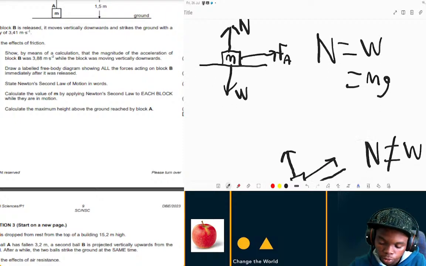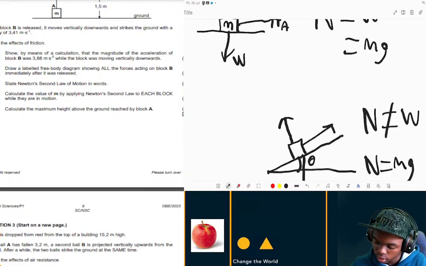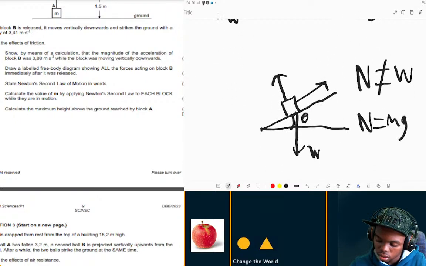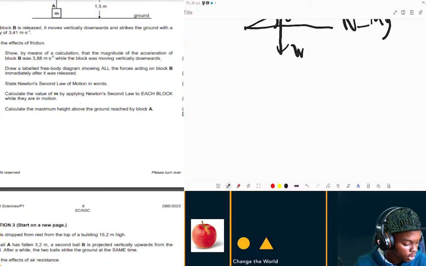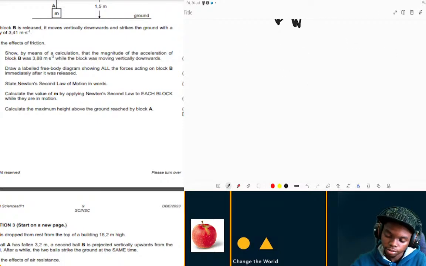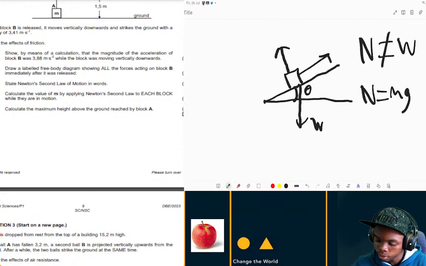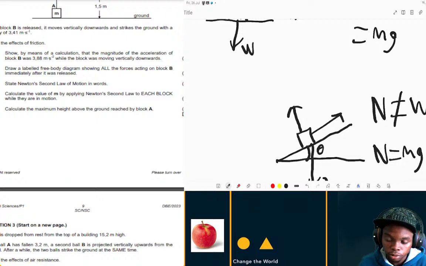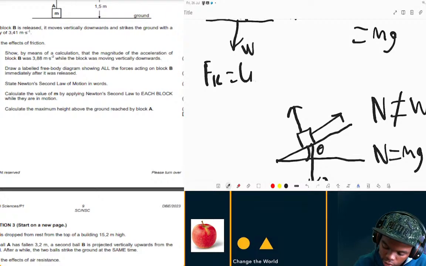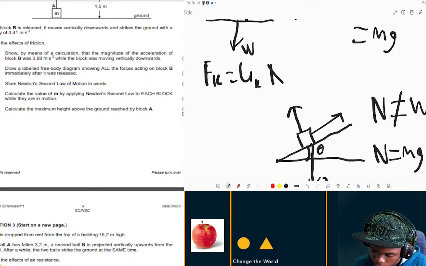So yeah, moving on. We're discussing normal force, let's discuss the weight. Now, before we move on, the formulas for normal force. For friction, you say friction equals the coefficient of friction times the normal force.